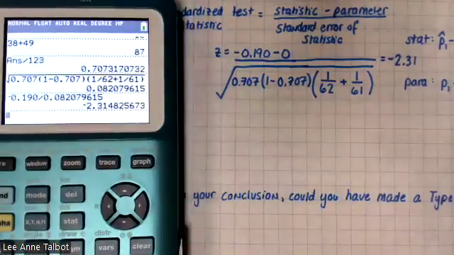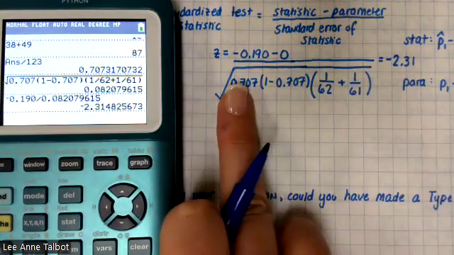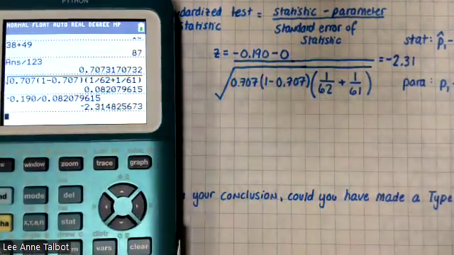Okay, do you guys all see what I did in the calculator? So I typed the whole bottom dealio, and then I did that divided by that.